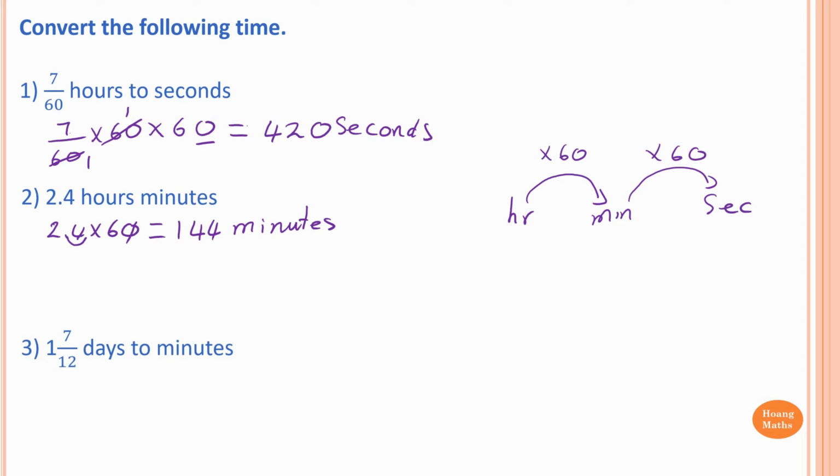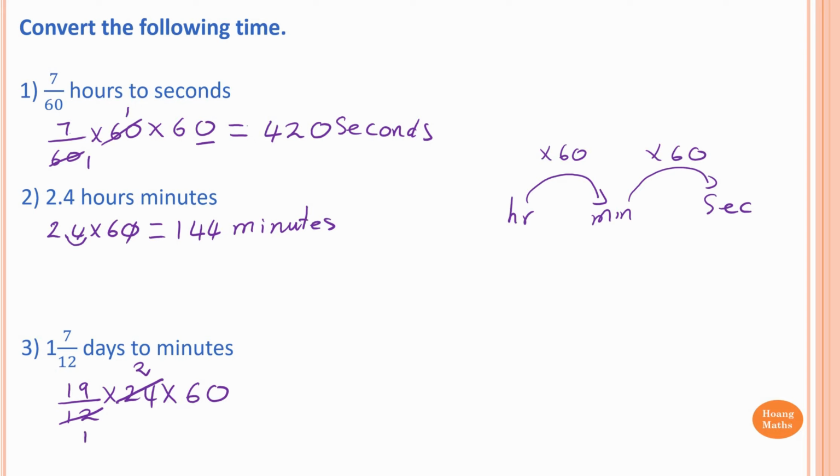1 and 7 over 12 days to minutes. So to do this, first I convert that into an improper fraction. So 12 times 1 is 12, add 7 is 19. So 19 over 12 times by 24 to give me hours, and from hours I times by 60 to give me minutes. So we know that 24 divided by 12 is 2, and this is 1.